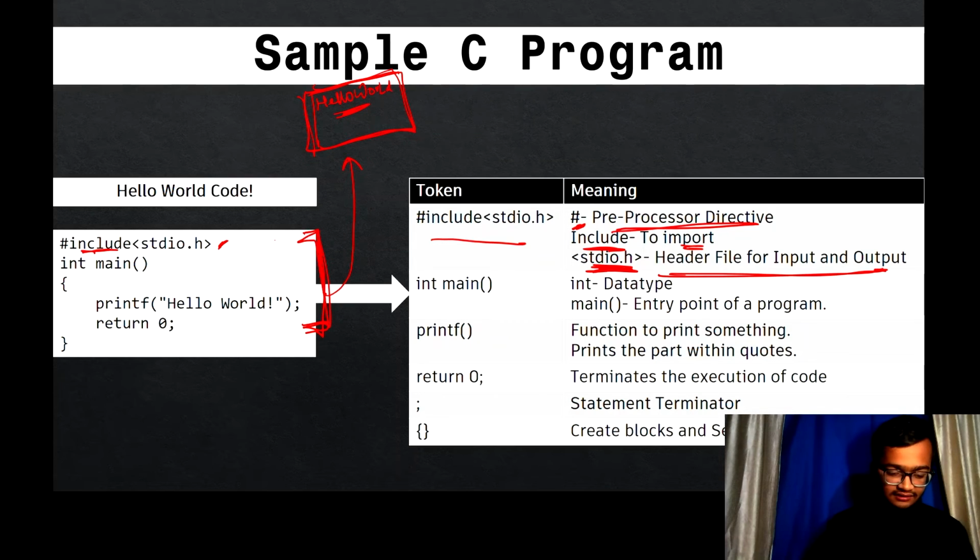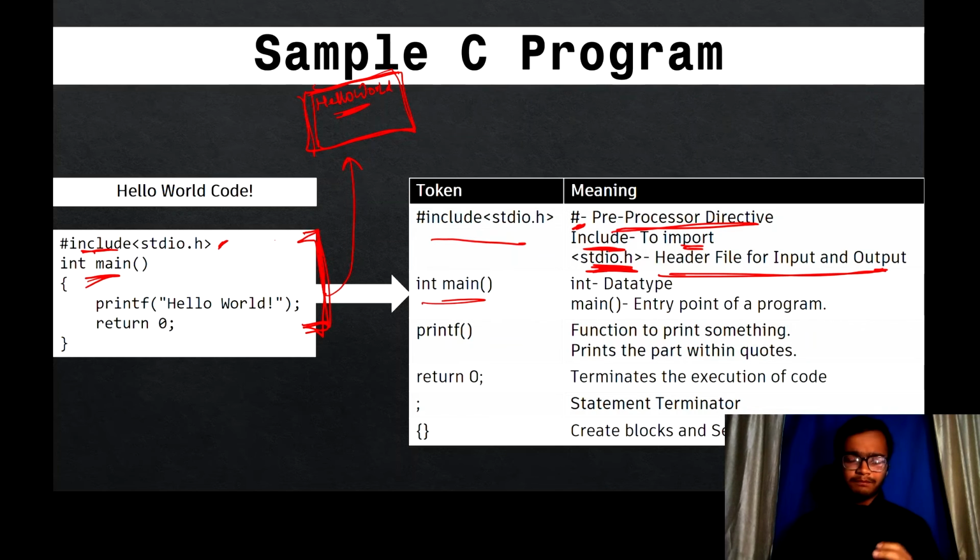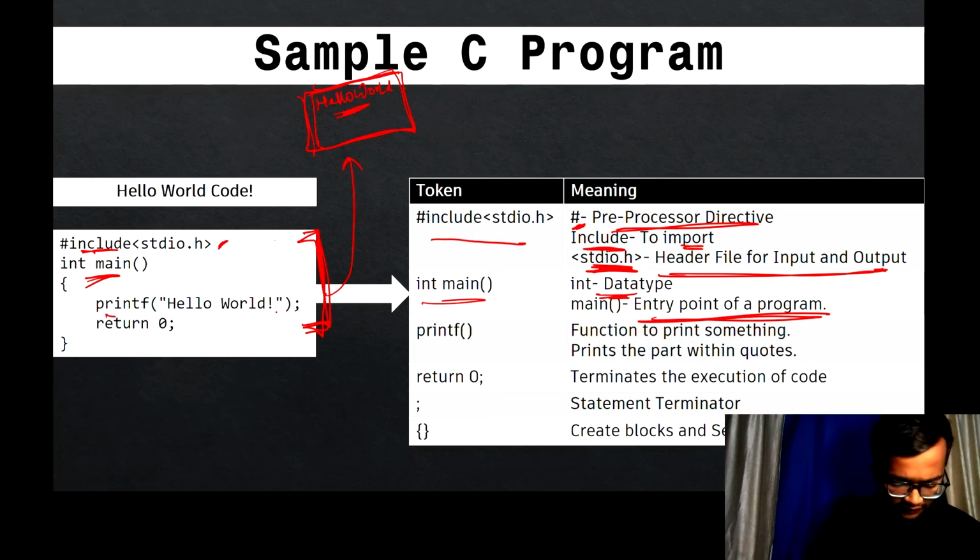After that, it is written int main. Int main is the point from where the C compiler or any compiler will start the execution of a code or start reading the code. So it is the entry point of a program. Int is a data type, we already know that, right? After the int main, we have printf hello world.